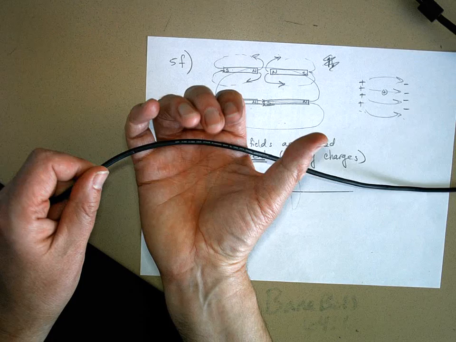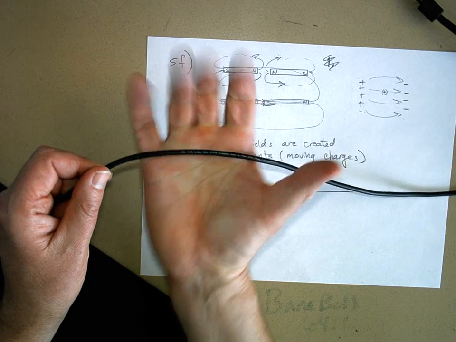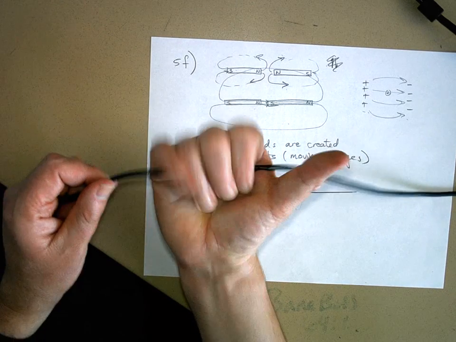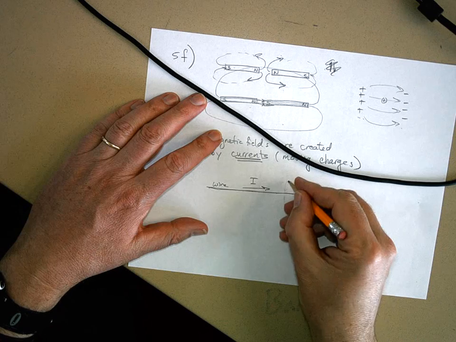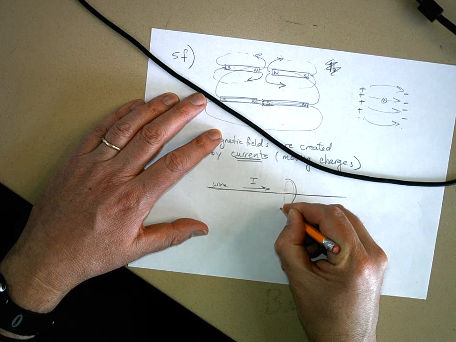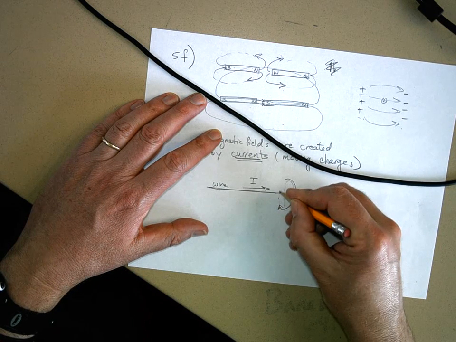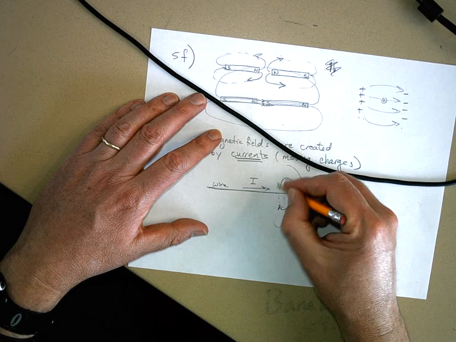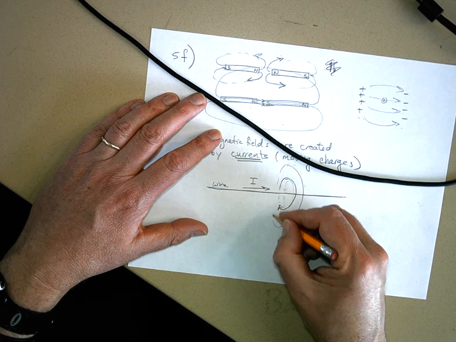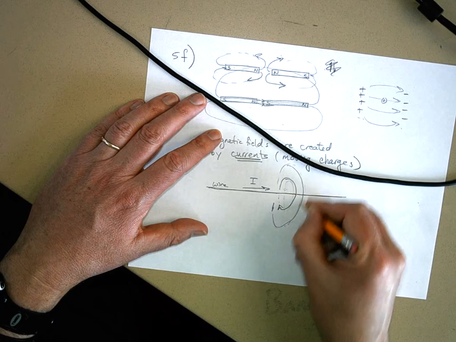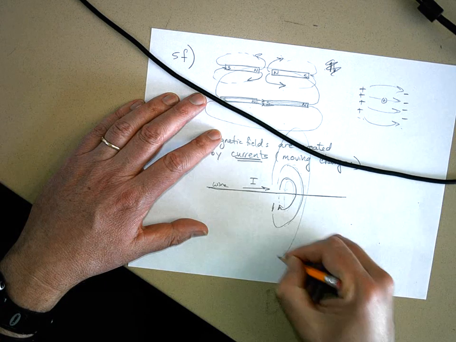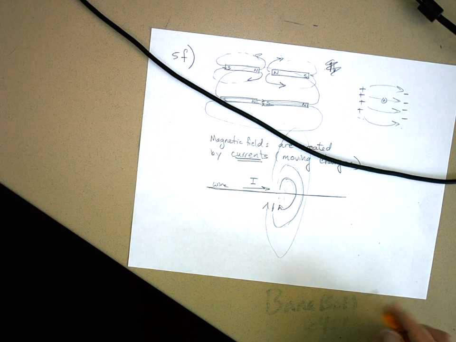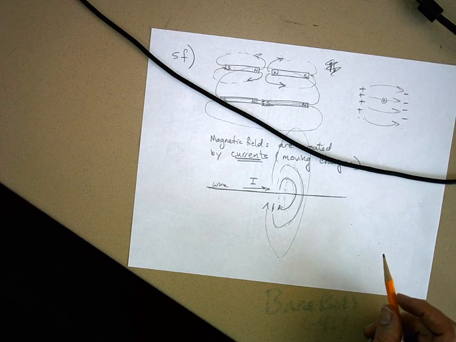See how they curl down like this? That means that the magnetic field is going to go down like this and then go behind it and come back up. It's going to make circles. Now, the farther away you are from the wire, the weaker the magnetic field. But whenever you have current flowing through a wire, you've got a magnetic field.